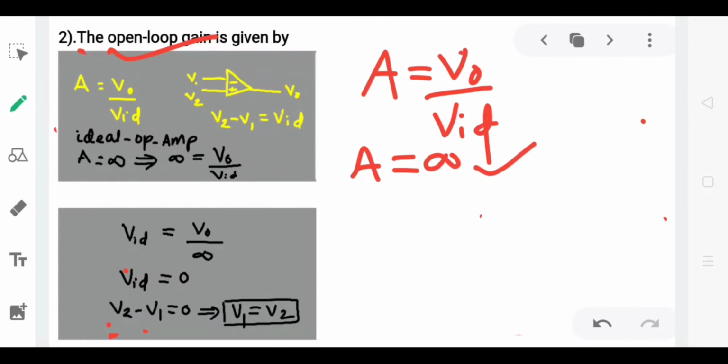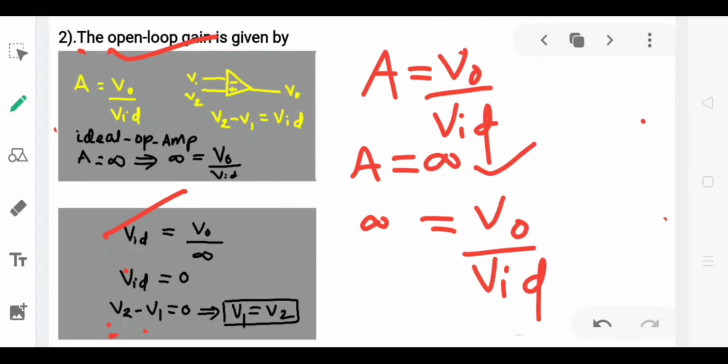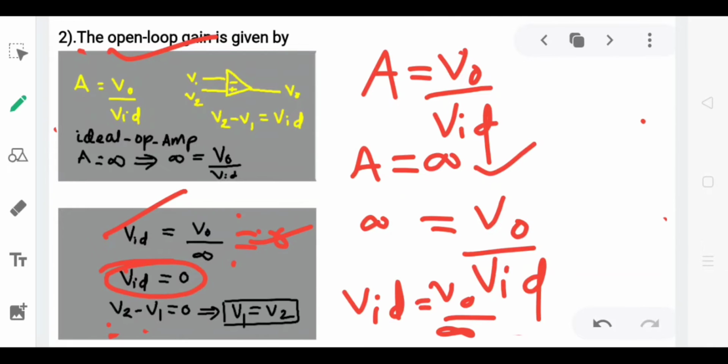Means infinity is equal to V0 by VID. VID is equal to V0 by infinity. 1 by infinity is what? 0. VID is equal to 0. VID means V2 minus V1 is equal to 0. Means V1 is equal to V2.